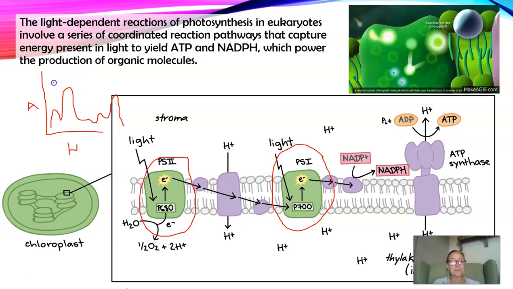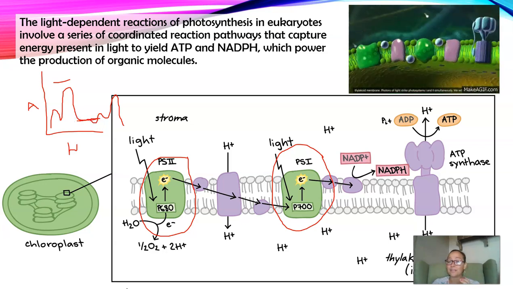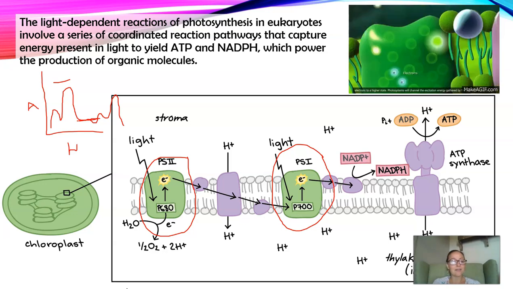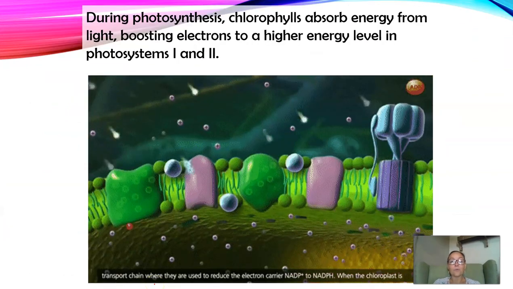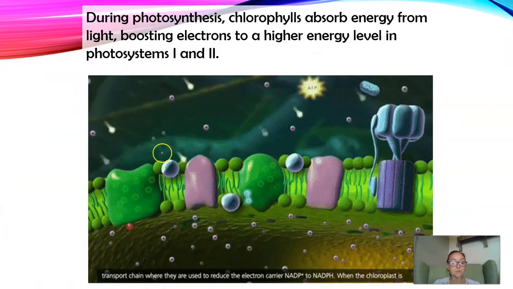If it's a high peak, that means there's lots of photosynthesis going on, lots of light being absorbed. If the line is low, that means there's a low amount of light absorbed, probably in the green wavelength of light. These photosystems, PS2 and PS1, are what absorb that solar energy.